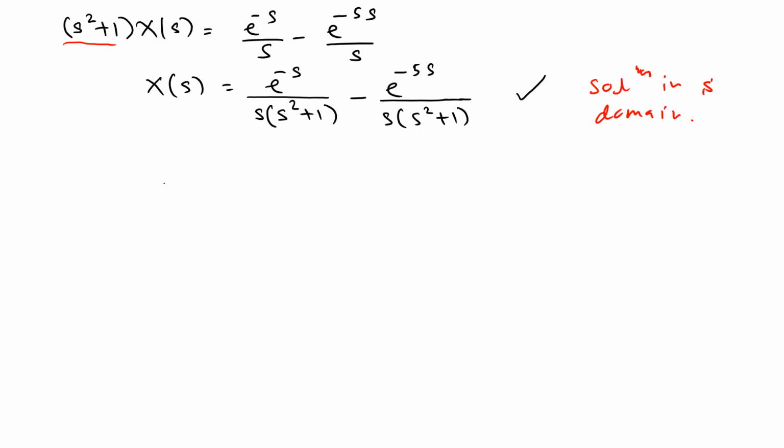To do that, what we normally do is look at the partial fractions when you have fractions like that. I'm going to skip the partial fraction part right now because you are experts in that and you know how to do it.